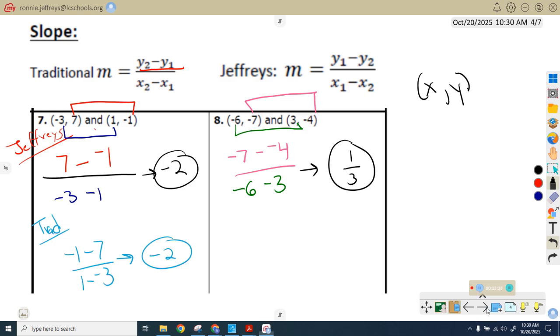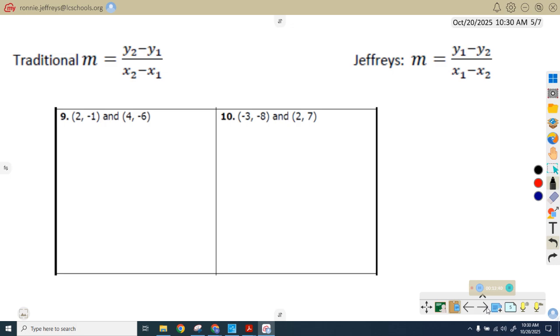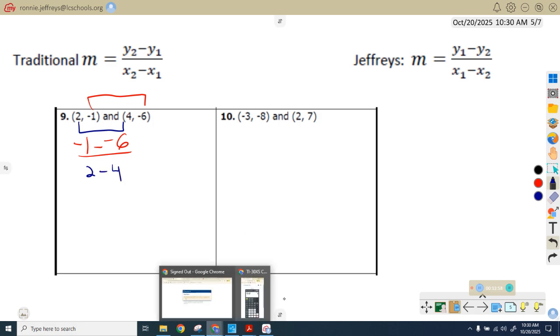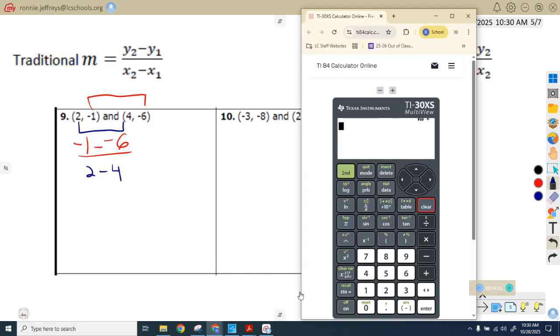So let's go over these. So number 9, we should have -1 minus -6, 2 minus 4. -1 minus -6.